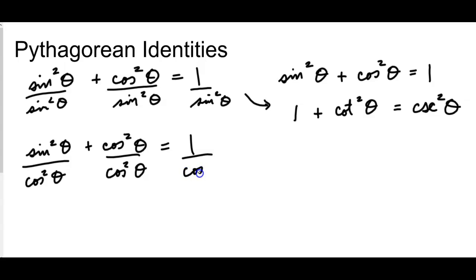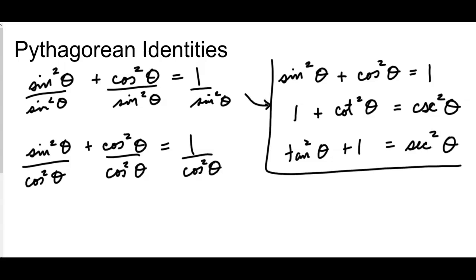They're all considered Pythagorean identities because they all come from that first formula. And then if I go through each term, I get tangent squared theta plus 1 equals, and then 1 over cosine is secant, so it's going to be secant squared theta. And so these are considered the Pythagorean identities.